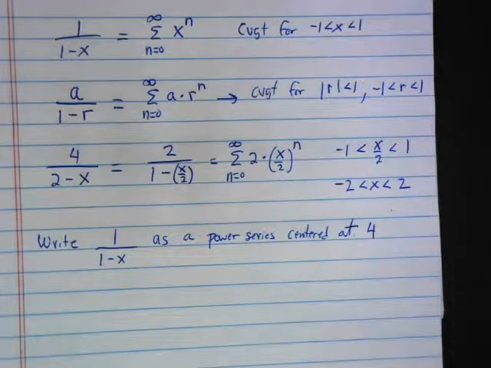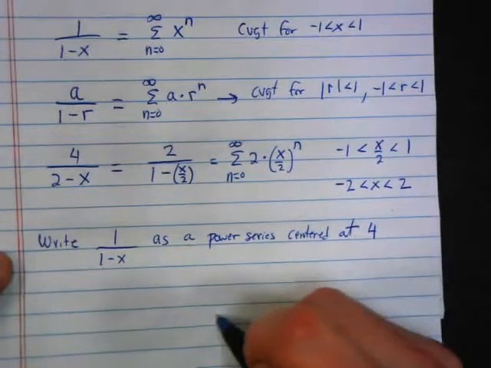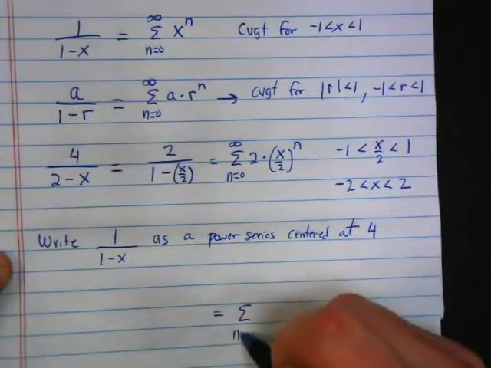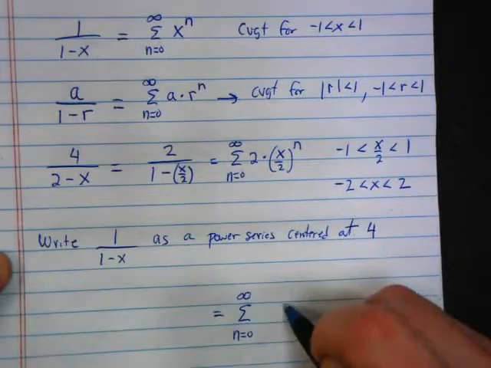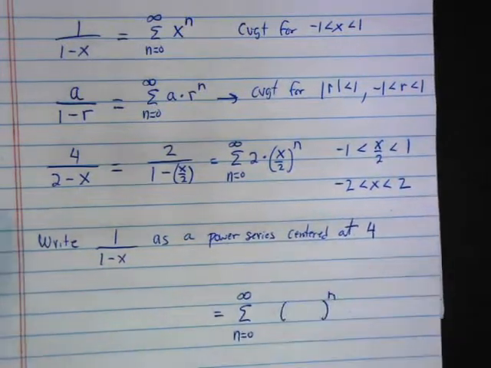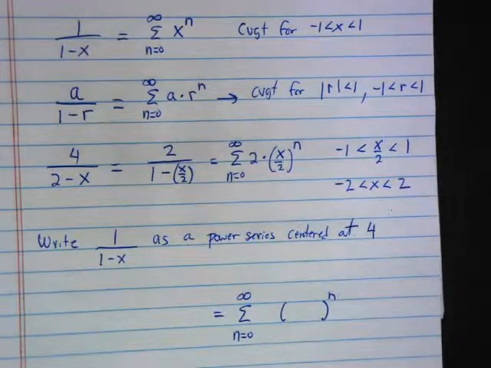All right, so how do I get this to be centered at 4? What do I need? Well, when I get done, my answer is going to look something like that. What has to be inside this parentheses if this power series is going to be centered at 4?